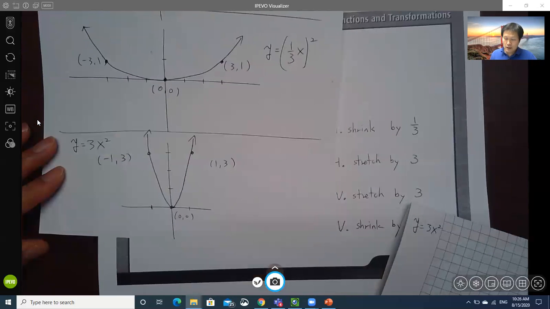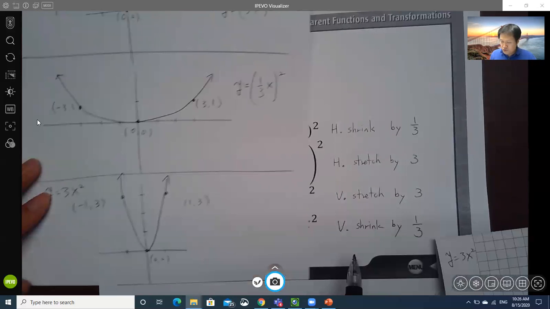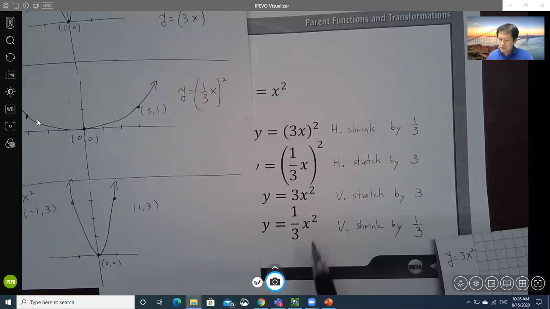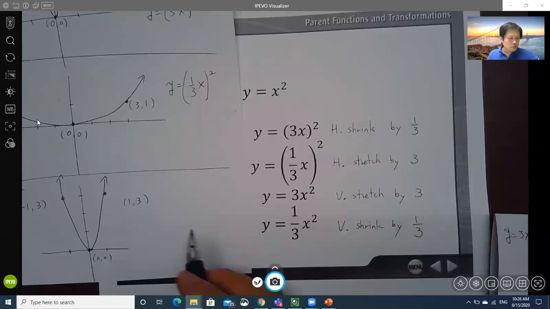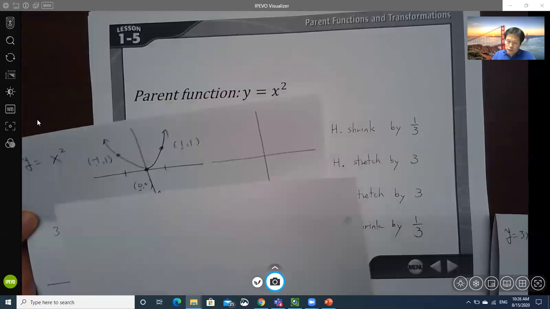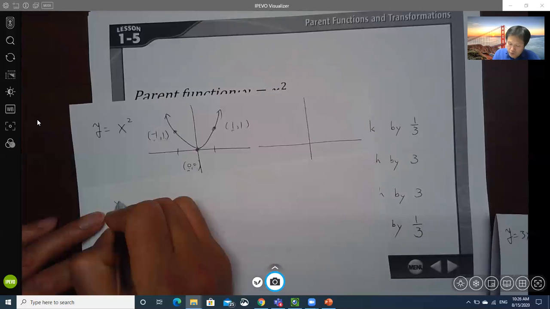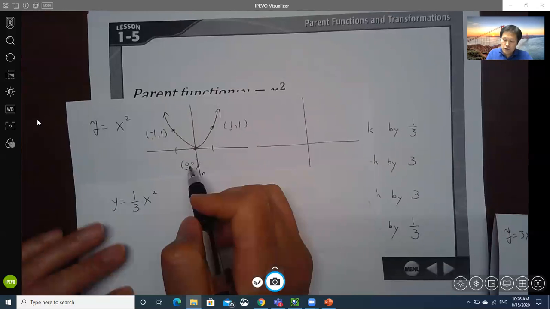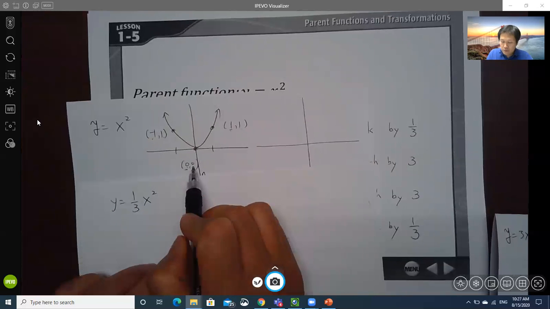Okay, vertical shrink by 1/3. This one is going to be exactly the same, except here. So y equals 1/3 x squared. The y value is multiplied by 1/3.